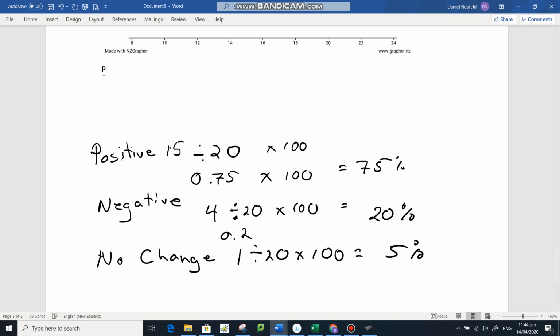So positive change, 15 divided by 20 times 100 equals 75%.